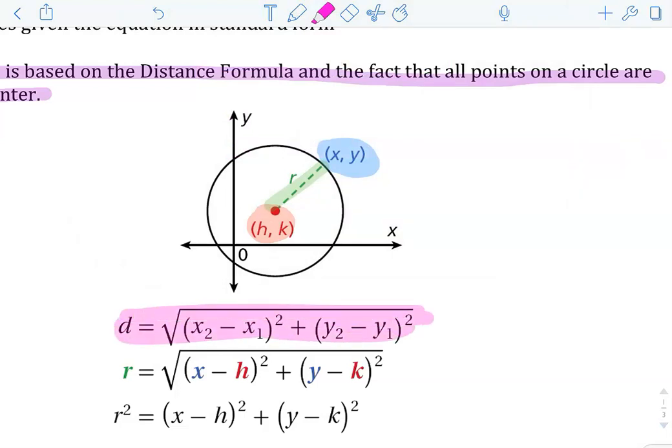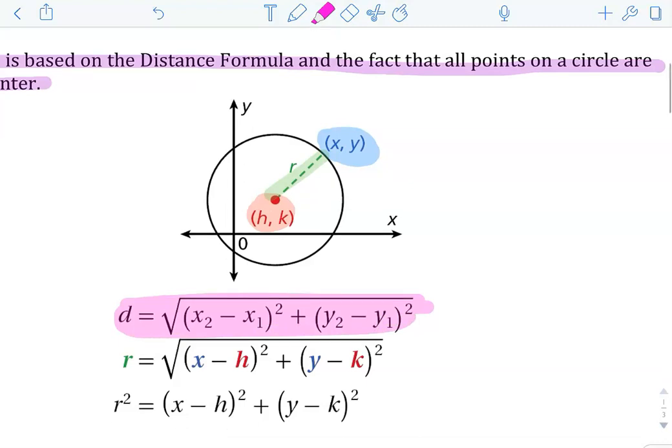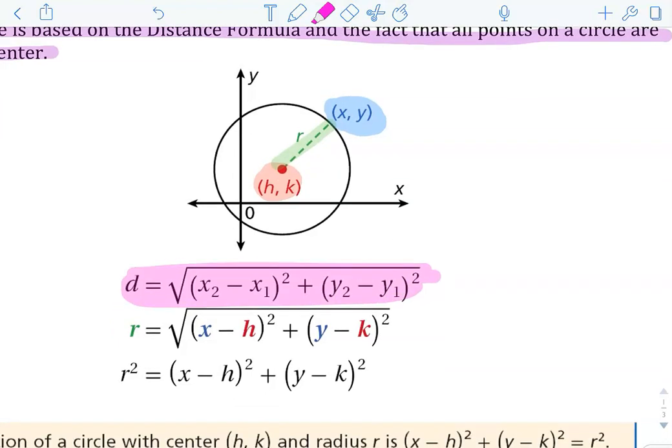We worked with that a lot this year. The distance that is equal all the way around our circle, no matter which X and Y we pick, is the radius. That radius is equal between whatever point X, Y you pick on the outside of the circle and the center of the circle, H and K.